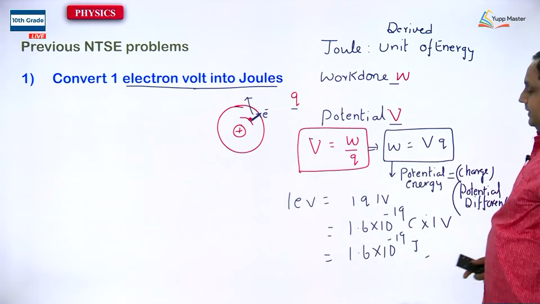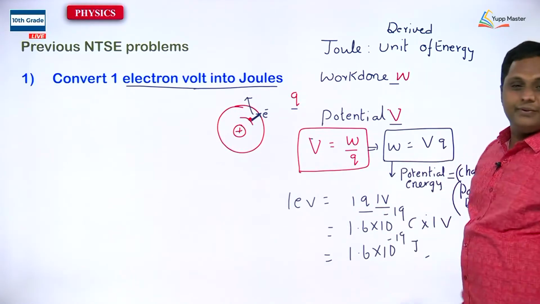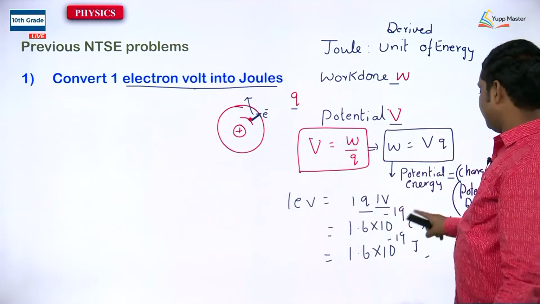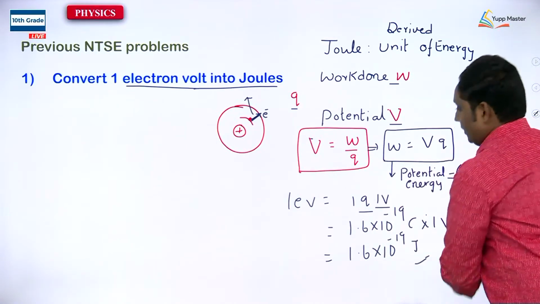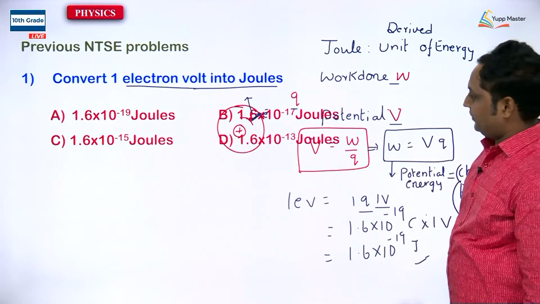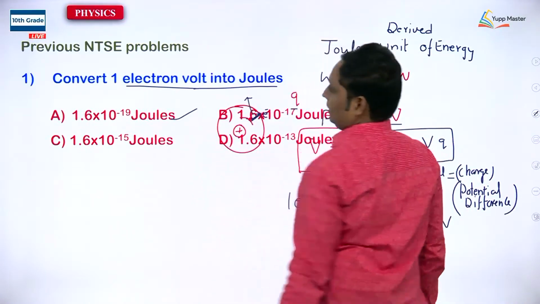So, charge and V, potential difference is 1 volt, that is identified. Let us see the answer. 1.6 into 10 to the power of minus 19 joules, this is the correct answer.